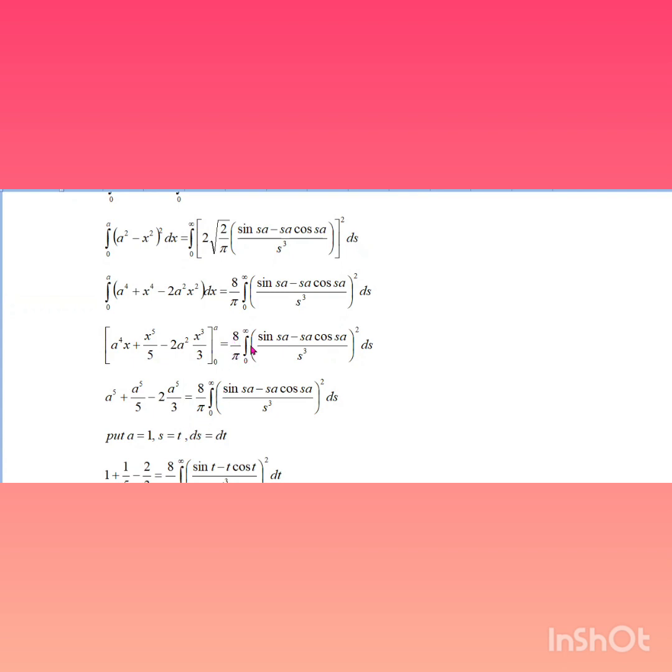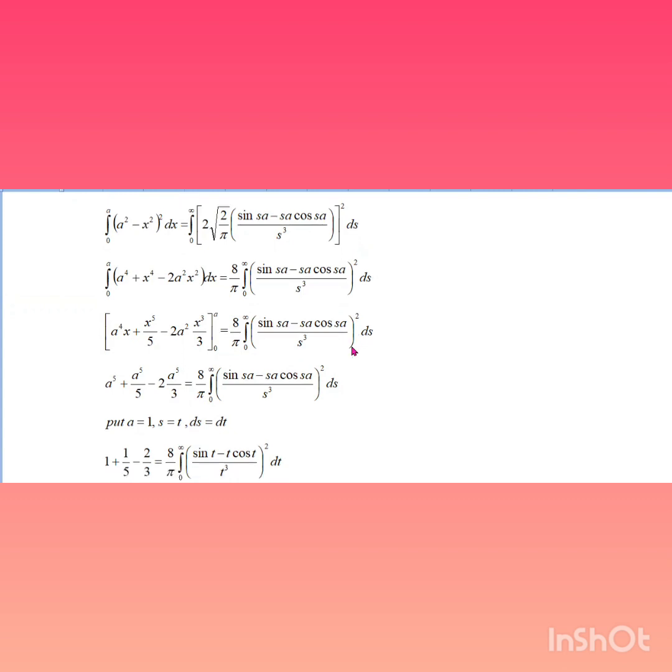This is equal to 8/π times the integral over the limit 0 to infinity of ((sin sa − sa cos sa)/s³)² ds. Instead of x, you have to apply the upper limit a and lower limit 0: a⁴ times a gives a⁵, plus a⁵/5, minus 2a² times a³/3. So a² times a³ will be a⁵/3, which is equal to 8/π times the integral from 0 to infinity of ((sin sa − sa cos sa)/s³)² ds.